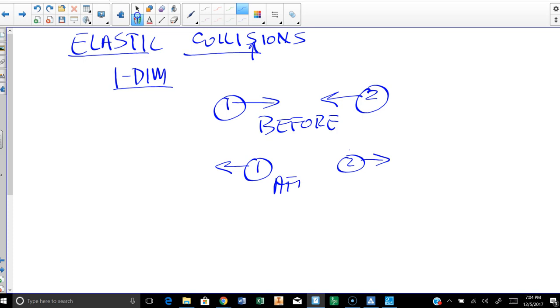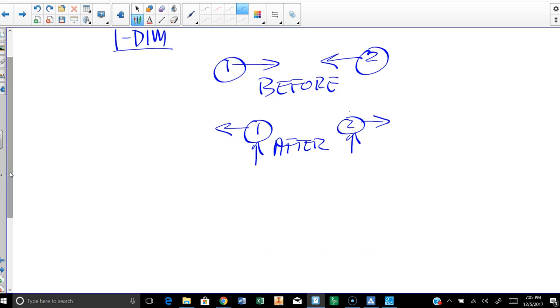The after situation also involves 2 objects, and that makes these a little trickier because there are more things to figure out. When they combine, there's only one velocity afterwards, and their mass is the combined mass. Or if they start together and break apart, the beginning velocity is the same for both. But here, you have 2 velocities at the beginning and 2 separate possible velocities at the end. You have 2 masses at the beginning, 2 separate masses at the end.